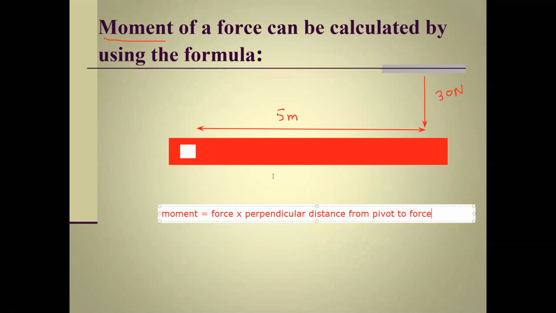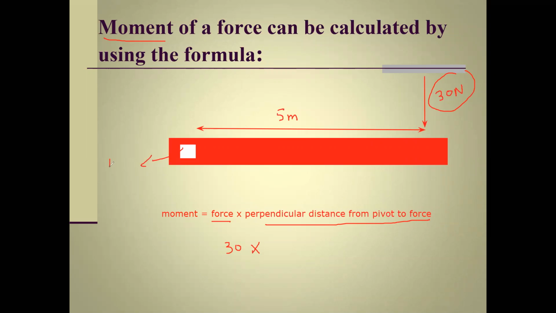So the simple formula is force multiplied by perpendicular distance from pivot to force. The force is given here, 30, multiplied by the perpendicular distance from the pivot. What is the distance from the pivot to the point where we are applying the force? This point is a pivot because the object can rotate about this point.